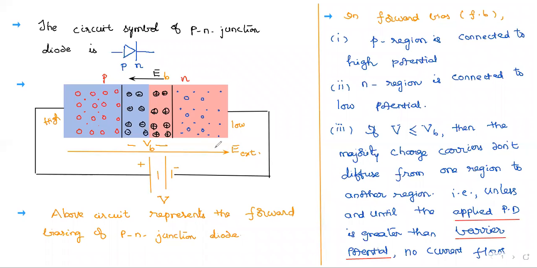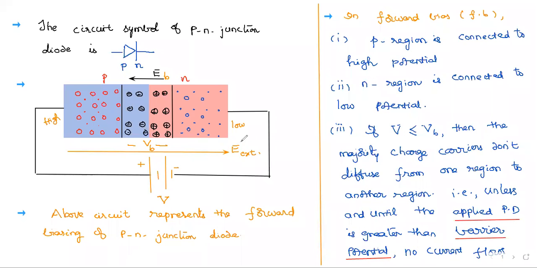The electrons, the minority charge carriers here, will try to move in the same direction, to the left side. Left side means they are moving in the same region or not? Same region. Moving within the same region is called drifting.